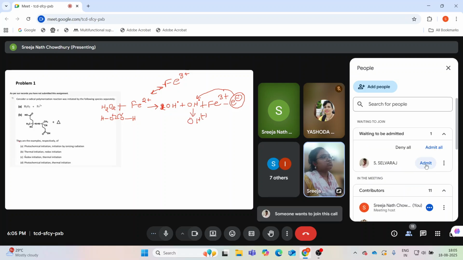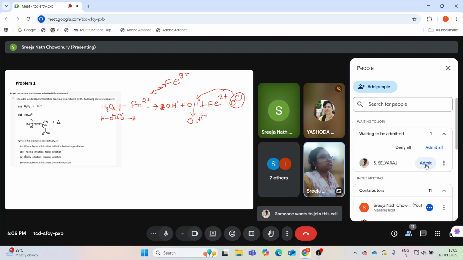So in this reaction we can understand that the reaction will occur like this. Now Fe2 plus to Fe3 plus, the oxidation number of Fe is increased by the loss of the electron.